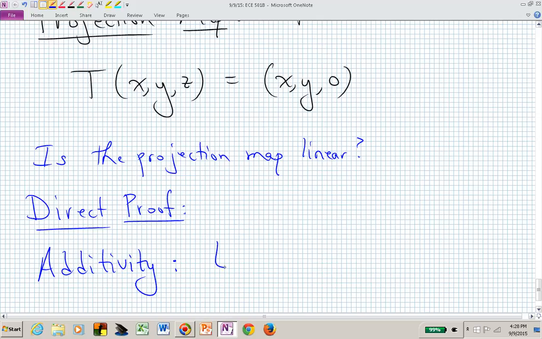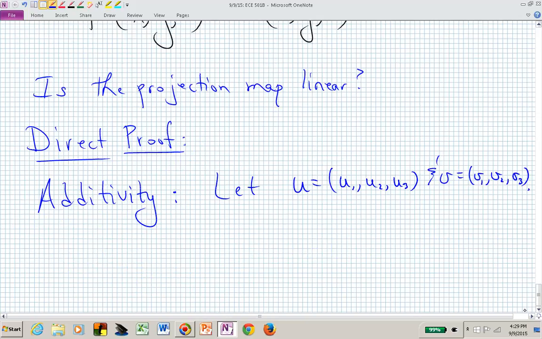For example, let's let U be U1, U2, and U3, and let's let V be V1, V2, V3, which have been arbitrarily selected from our input vector space, capital V.